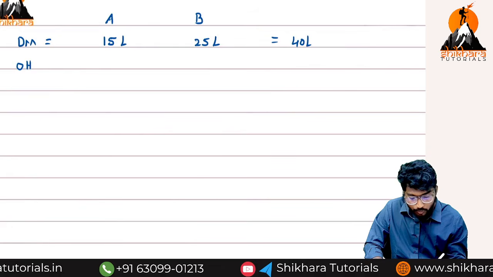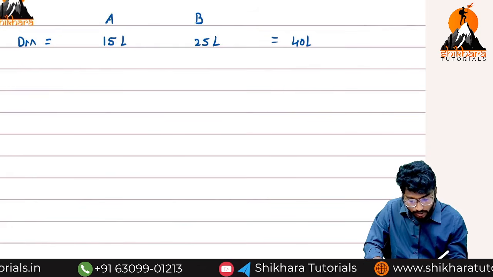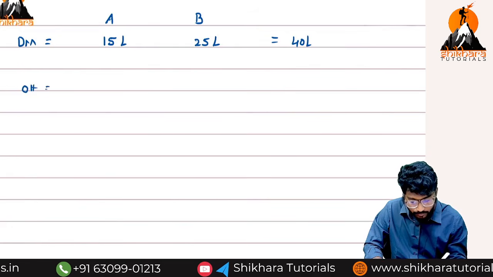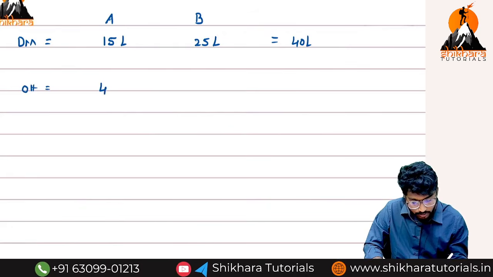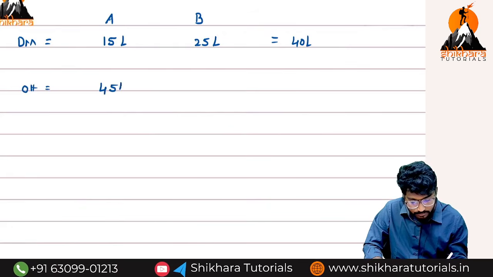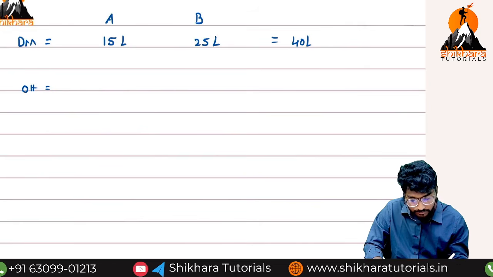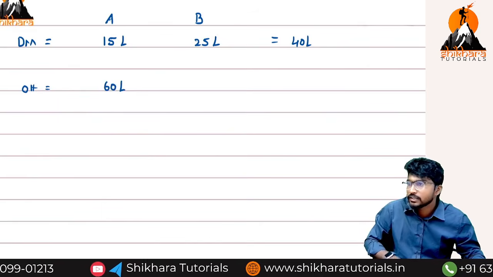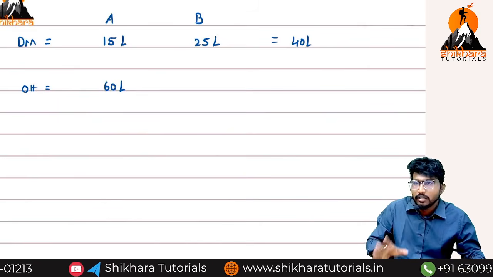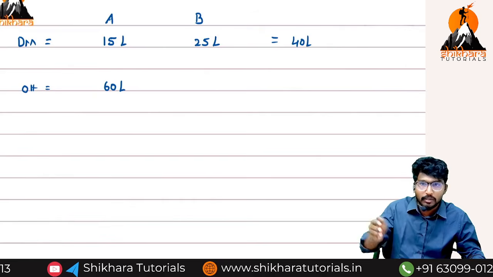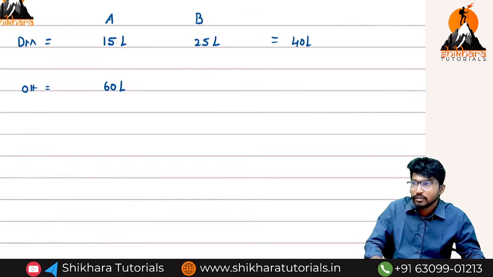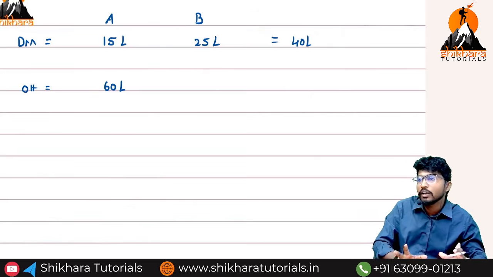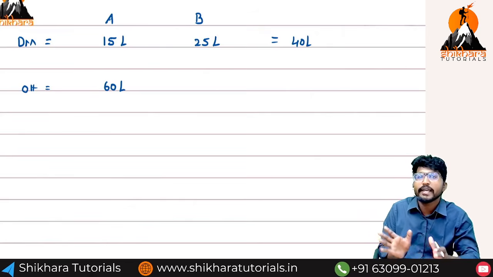So we incurred overheads in total 45 lakhs, or take it as 60 lakhs. We incurred overheads of how much? 60 lakhs. In that particular company, there is a practice that overheads are apportioned to the products on the basis of direct material cost.